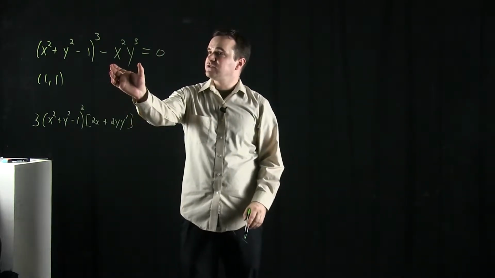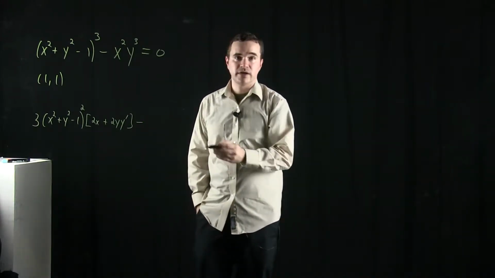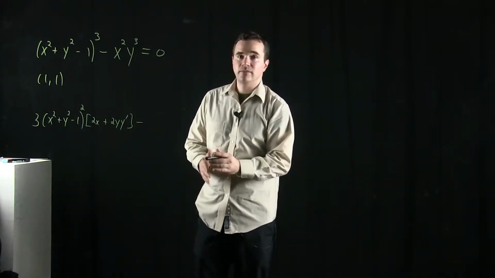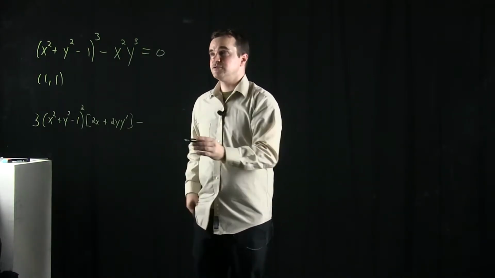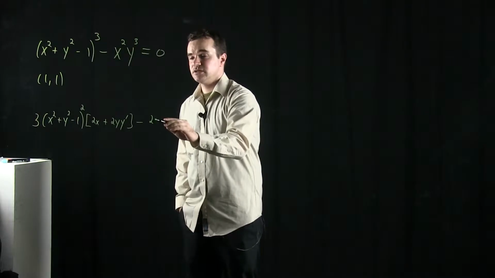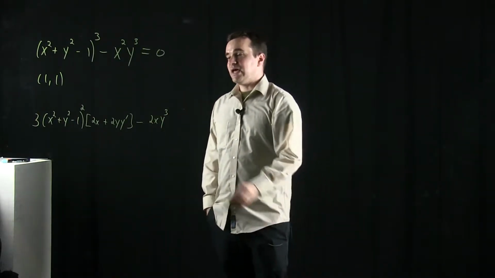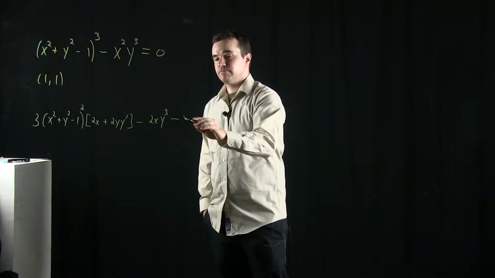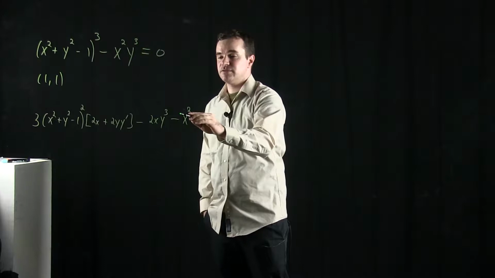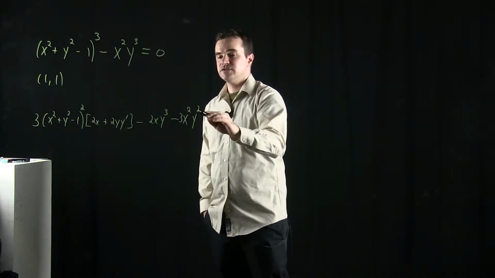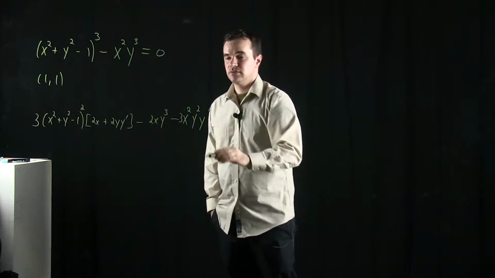So moving on, we have to subtract the derivative of x squared times y cubed. To do that, I'm going to use the product rule. I've got a product, x squared with y cubed. The derivative of x squared is 2x. I multiply that by y cubed. And now I'm going to be subtracting x squared times the derivative of y cubed. That's going to be 3y squared, that's the power rule, and then times y prime.